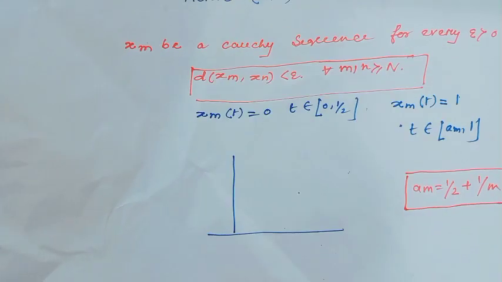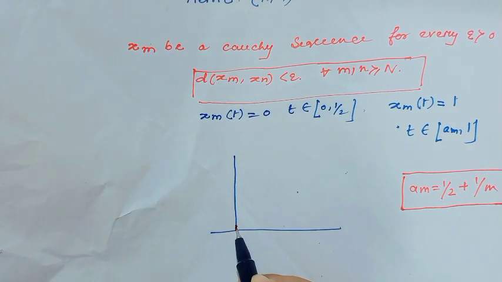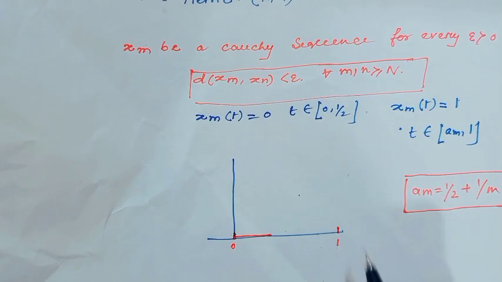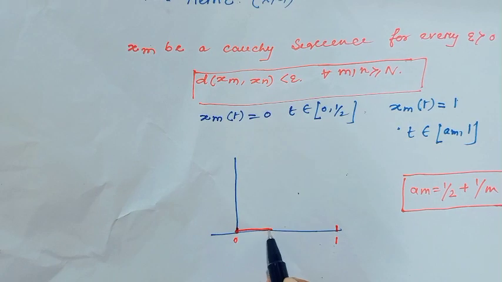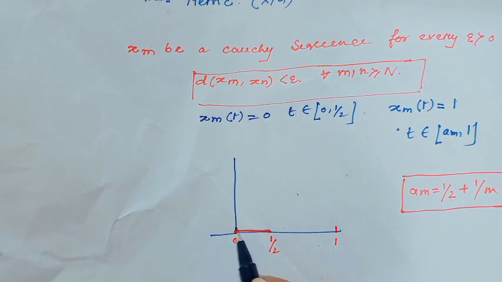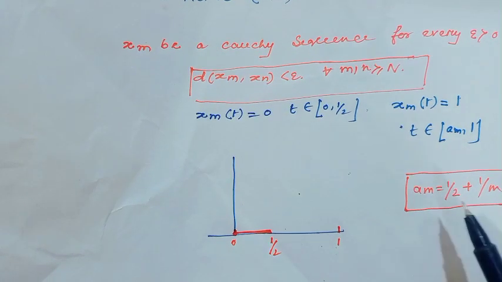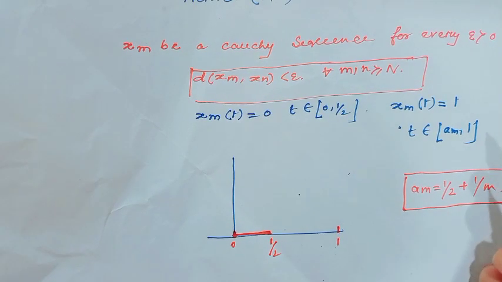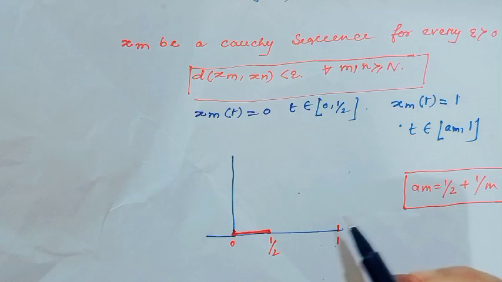That means the picture would be of this type, with 0 here and 1 here. From 0 to half the value is 0. From a_m to 1 the value is 1.